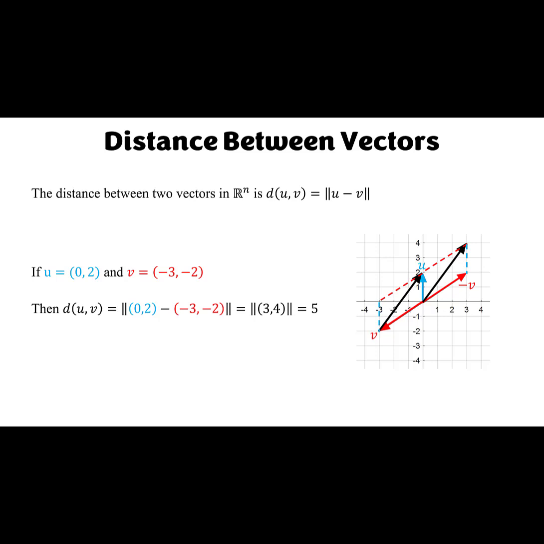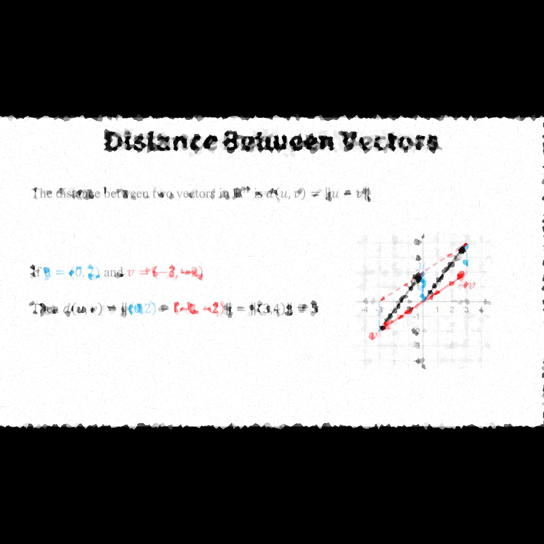Because we saw that's how addition of vectors work. The new vector from the addition is the diagonal of the parallelogram formed by the two vectors that you're adding. So that diagonal vector is just u plus negative v, which is the same thing as u minus v. And so finding the length of u minus v is the same as finding the length between u and v.